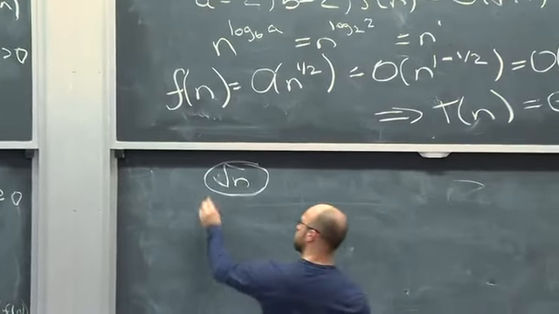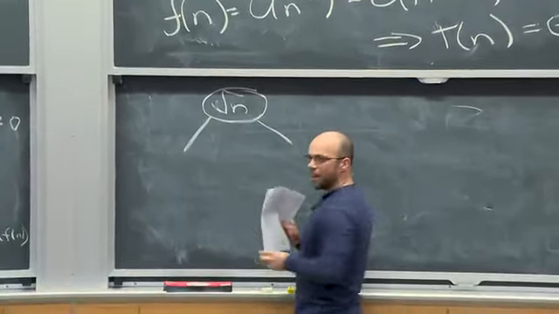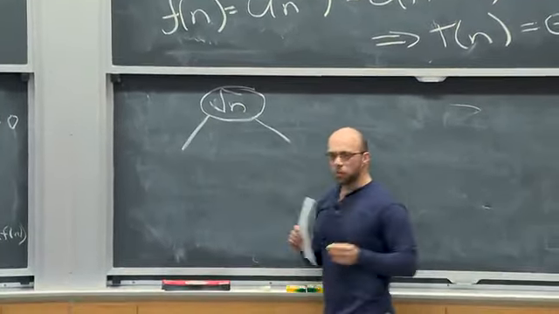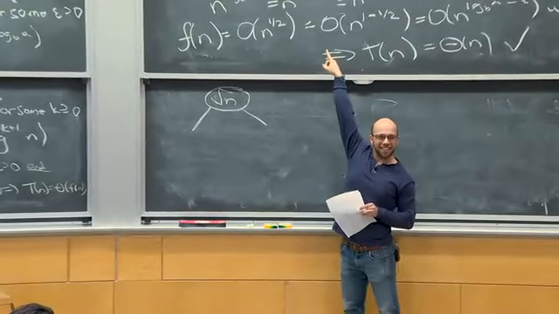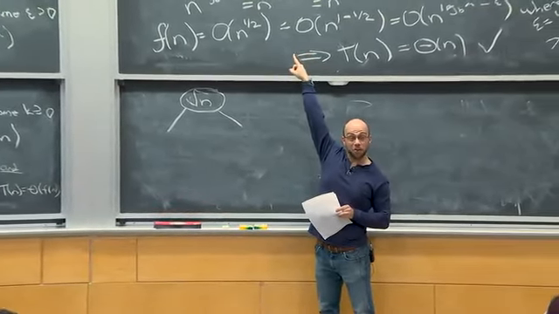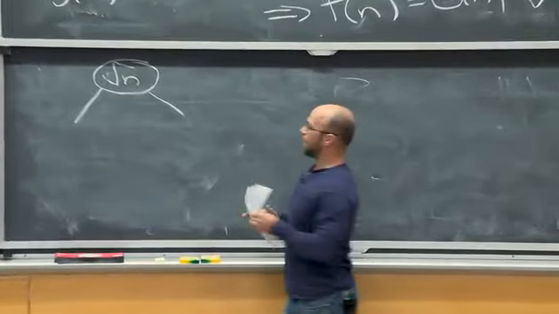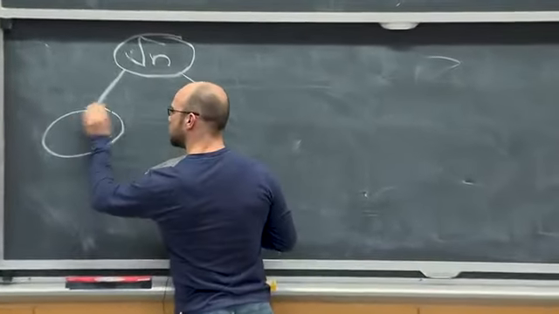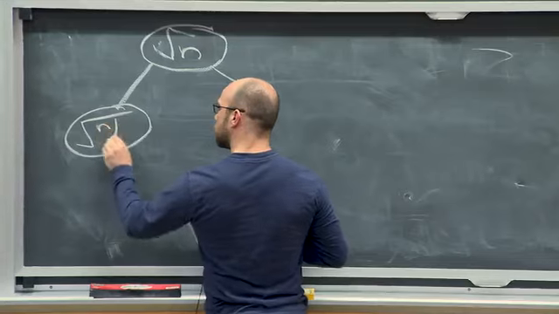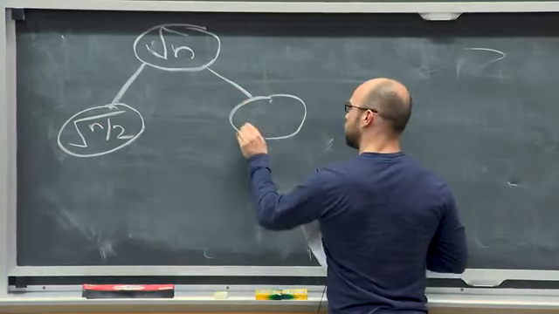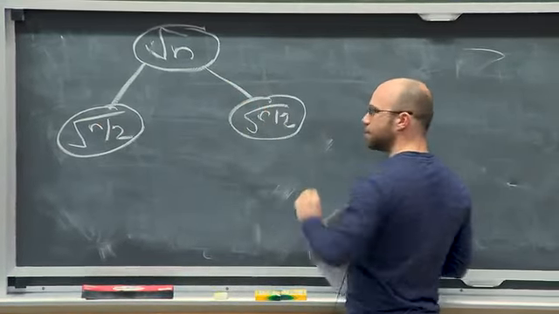And now it makes 2 function calls. And how much work does each of these guys do? So when it calls T, what goes into T? N over 2. Exactly. So it does square root of n over 2 amount of work at each of these 2 nodes. Does that make sense?